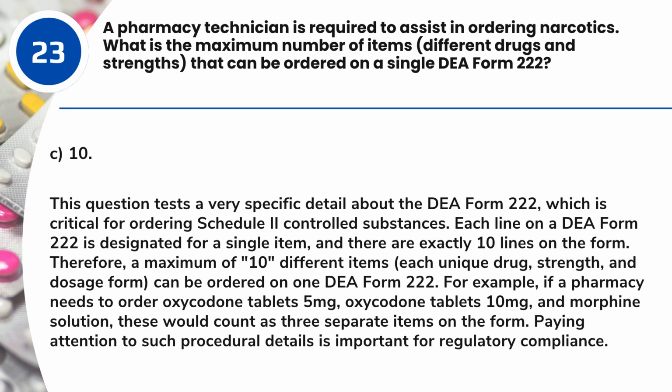Therefore, a maximum of 10 different items, each unique drug, strength, and dosage form, can be ordered on one DA Form 222. For example, if a pharmacy needs to order oxycodone tablets 5 mg, oxycodone tablets 10 mg, and morphine solution, these would count as 3 separate items on the form. Paying attention to such procedural details is important for regulatory compliance.